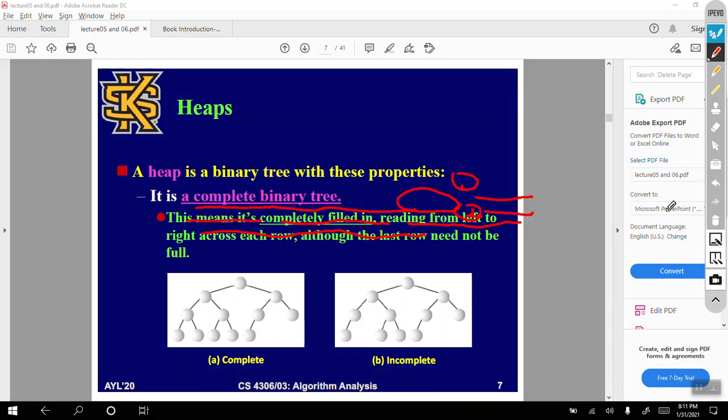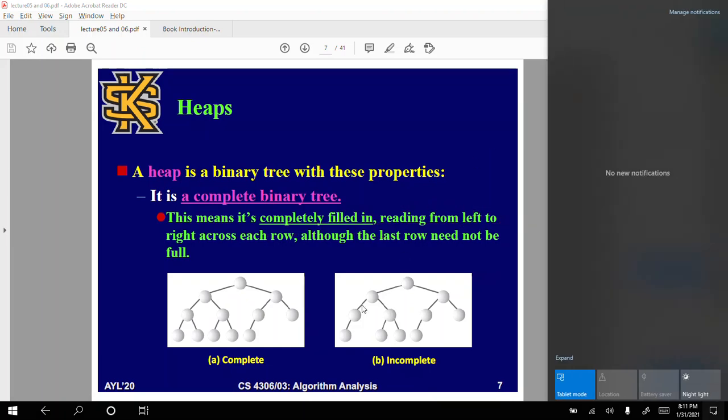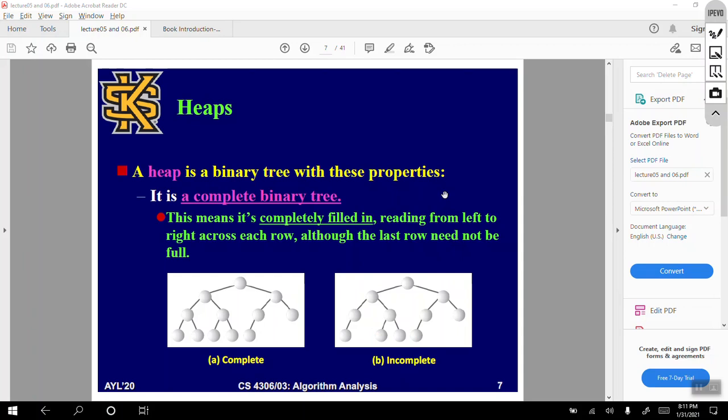The reason is that an element is missing over here, so it should be filled first. This element should go here, this element should go here, and this element should go here. This is why it is not complete.